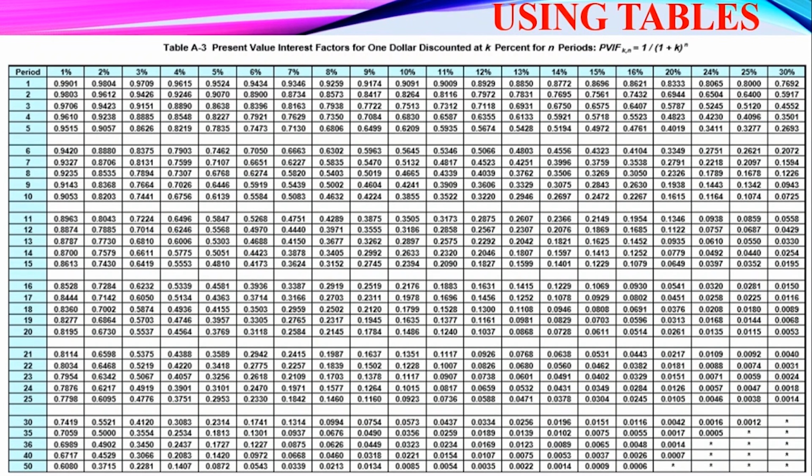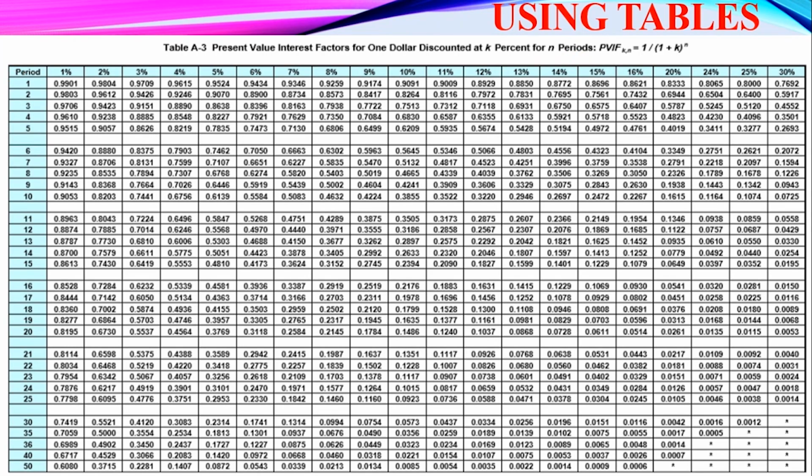Now, how do you read these tables? This table has got rows and columns. Columns go downwards, or they are vertical. Then we have the rows which are horizontal. The first row here represents the required rate of return, or what you call the given interest rate, which is given in percentage, 1%, 2%, all the way to 30%.